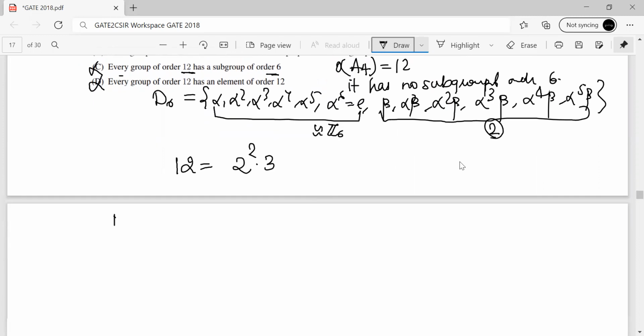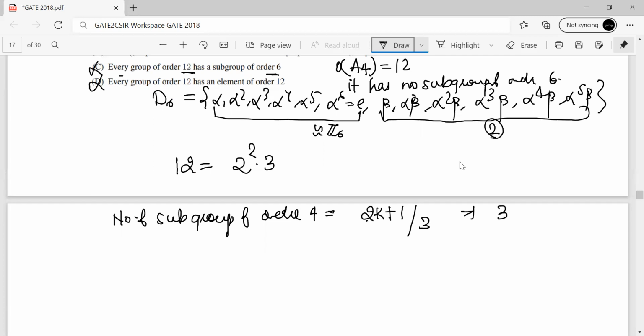The number of subgroups of order 4 will be of the form 2k plus 1 which divides 3. It can be 3 or 1, because only 1 and 3 divide 3.